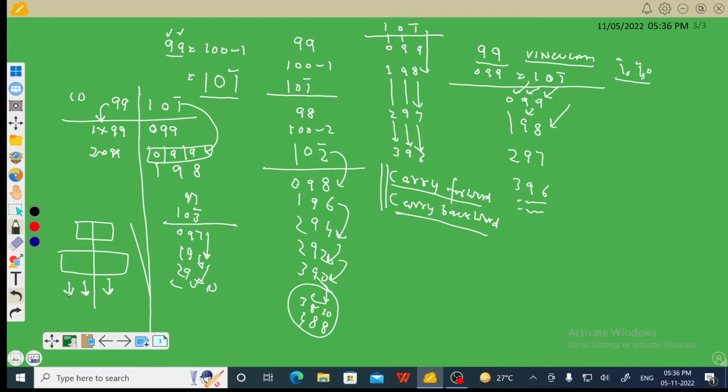As in case of 99, we are having 1, 0 and 1 bar. In case of 98, we are having 1, 0 and 2 bar, and so on.